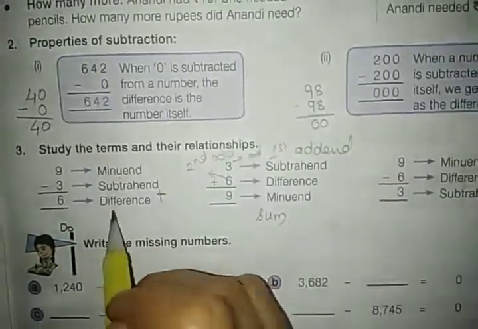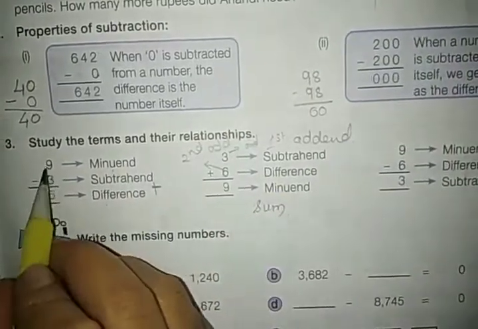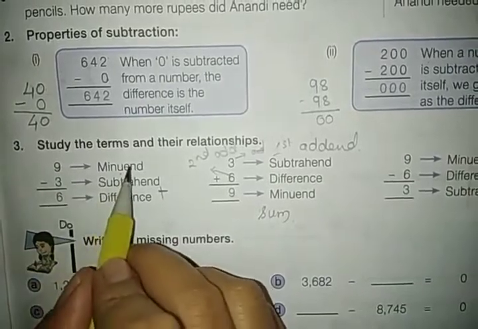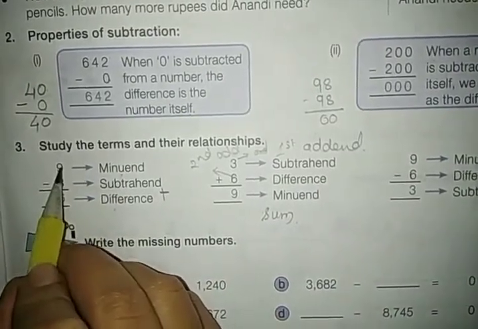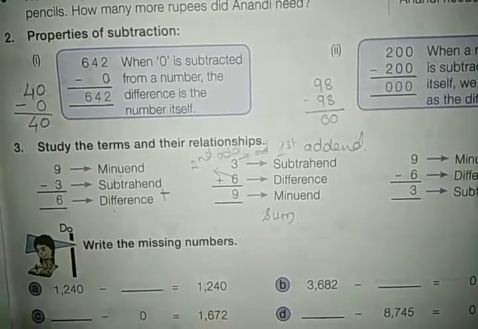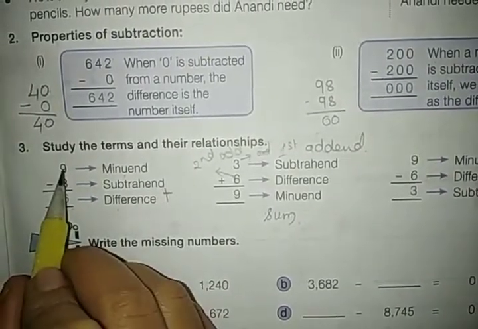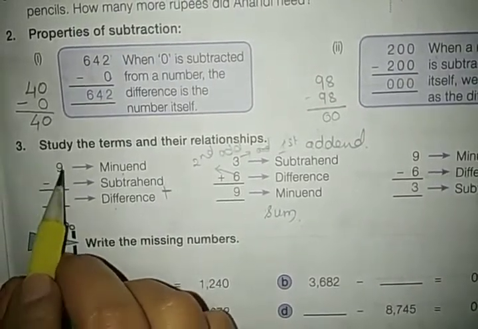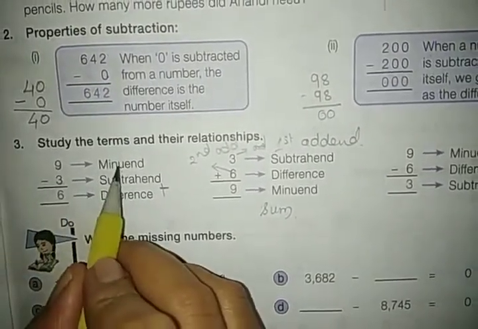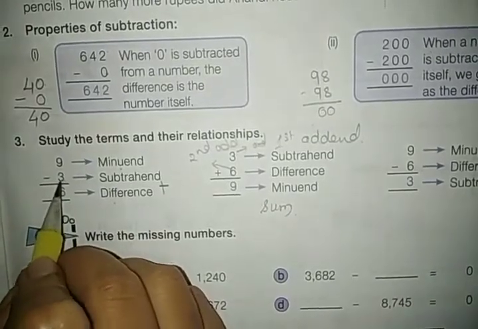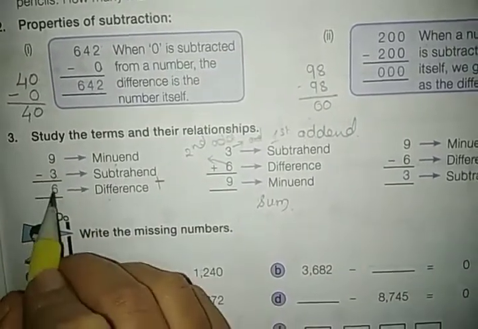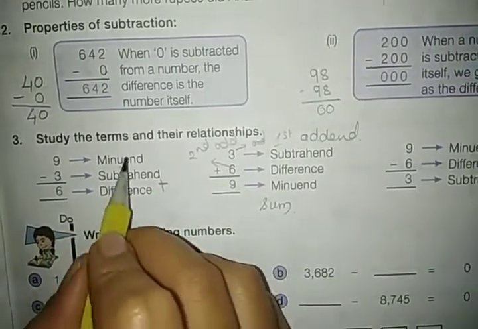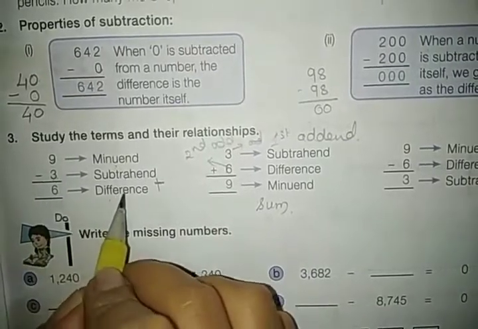Like this, in subtraction, the first number which we write is called the minuend, and the first number will always be bigger than the second one. Remember, we write the bigger number first and the smaller second. The number which we write second is called the subtrahend, and whatever answer we get is called the difference. Minuend, subtrahend, and the difference.